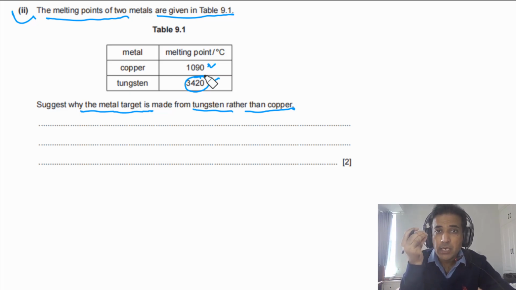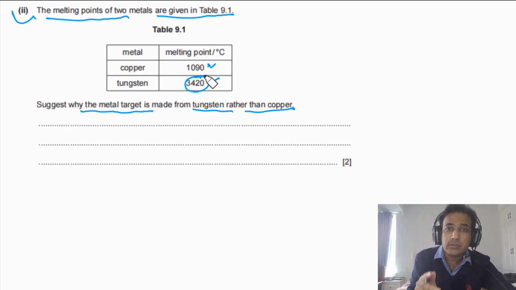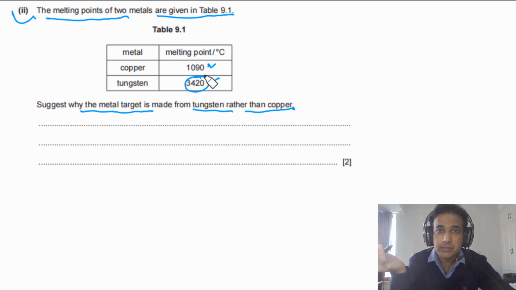About 99% of the kinetic energy of electrons is converted into thermal energy, so only 1% is converted into X-ray photons. So we need a metal with a higher melting point. That's the reason we use tungsten.